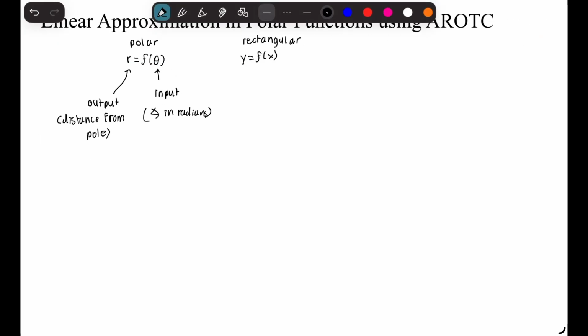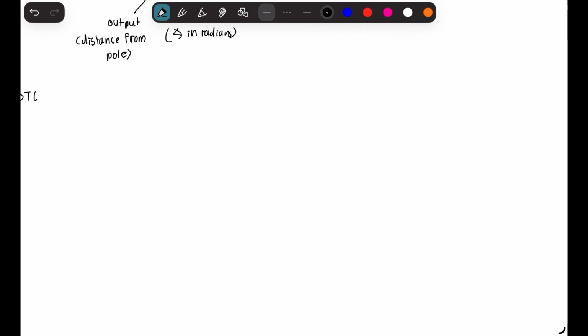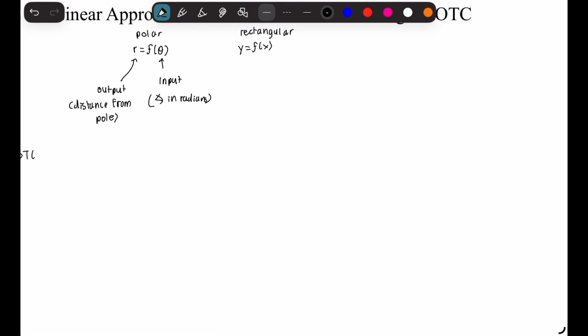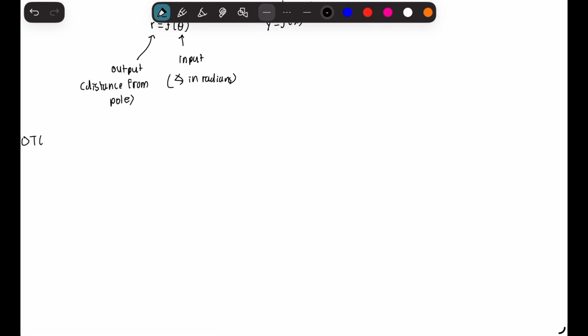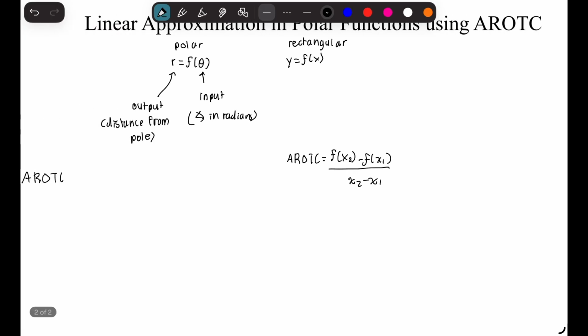What is average rate of change? It's slope in rectangular, and it's also going to be similar in polar. In rectangular, we have seen f of x2 minus f of x1 divided by x2 minus x1.